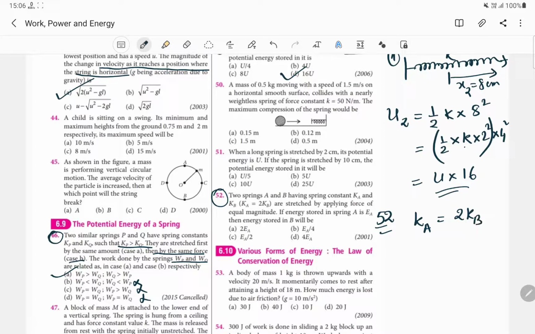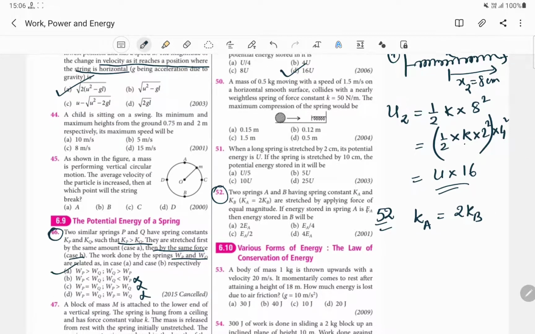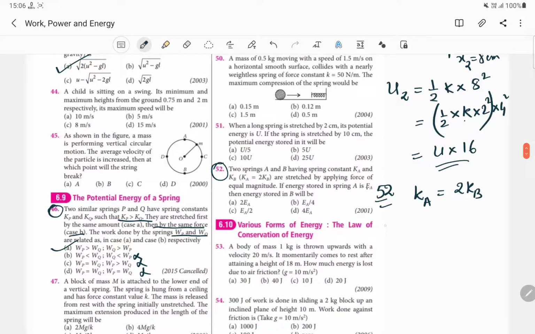That means spring A is double the strength of the second spring B. They are elongated by applying a force of equal magnitude. If the energy stored in spring A is Ea, then the energy stored in B will be equal to what? Here they are elongated by applying the same force.